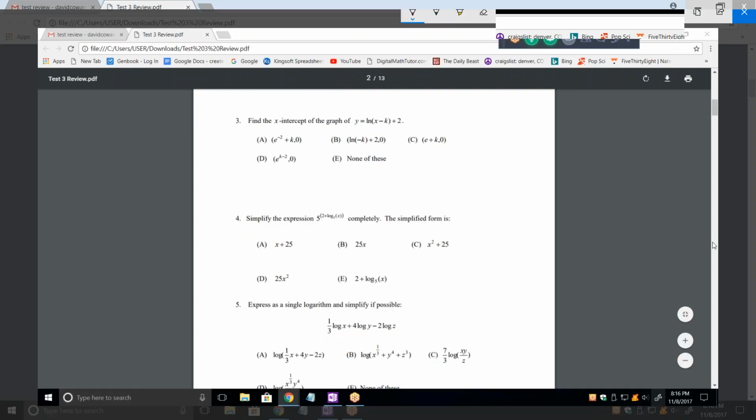You set y equal to 0? Correct. So 0 equals natural log of x minus k plus 2. How do I solve that? You subtract 2 from both sides. Okay.